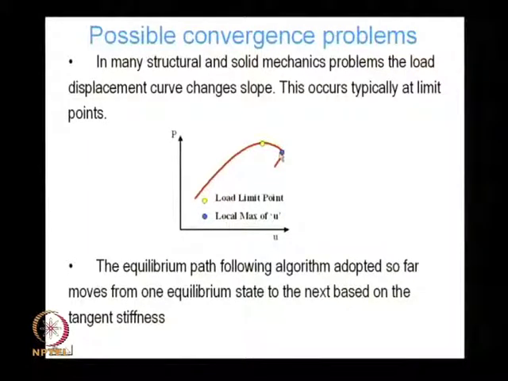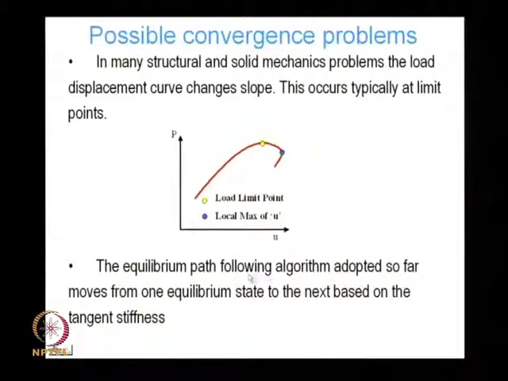But the load displacement curve simply does not exist there, because it has changed slope, it has become totally different. So, it has a lot of difficulty in finding the new equilibrated solution. In such situations we typically have problems, and this typically occurs at load limit points.